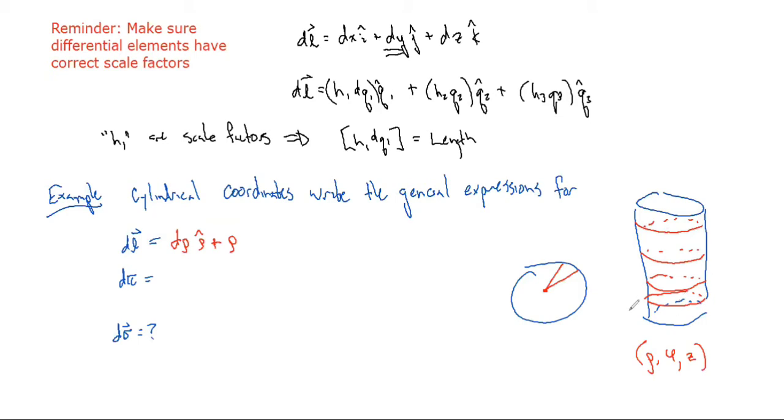If I want to walk around a line of constant rho, that doesn't get easier or harder as I go up or down the cylinder. So everywhere I go, this is rho, and this actual length in terms of coordinate space is d phi, but what's true about this trip around the edge? It's rho d phi.